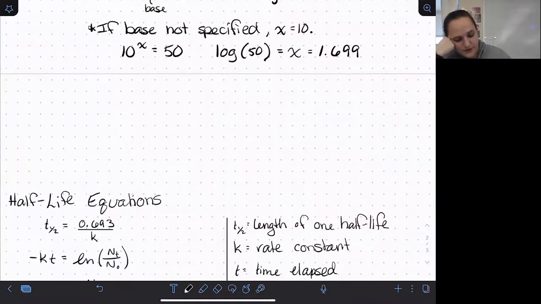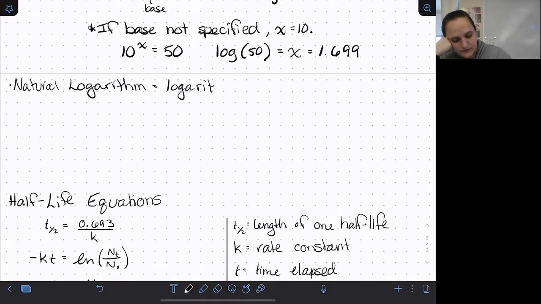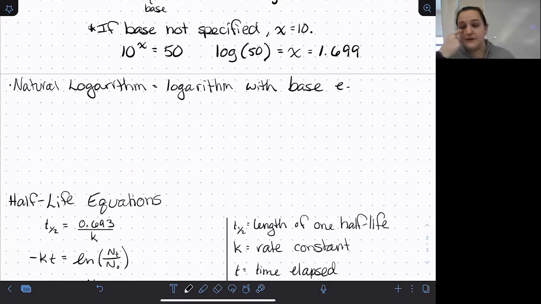So we're actually going to be using what's known as the natural logarithm, which is a logarithm with a base known as e. So e is a constant.